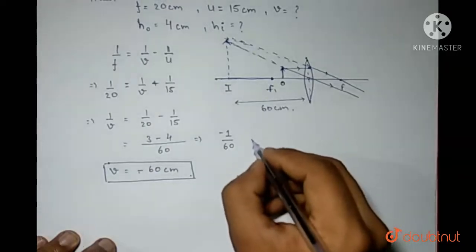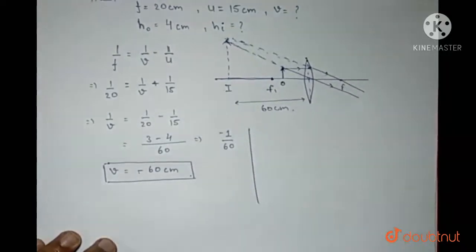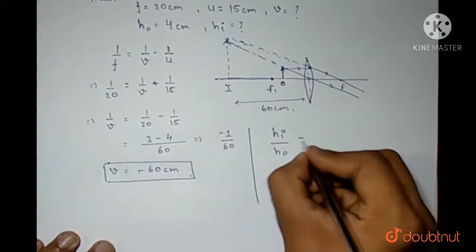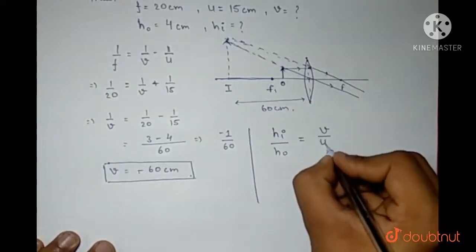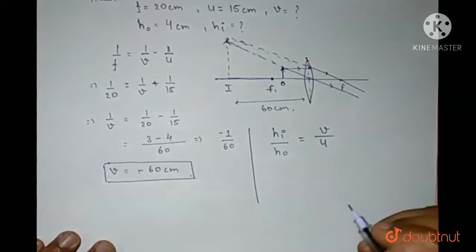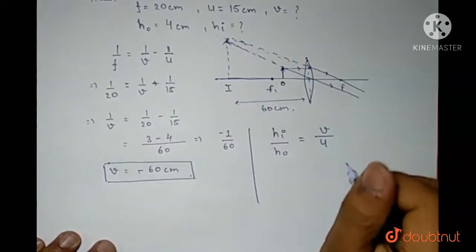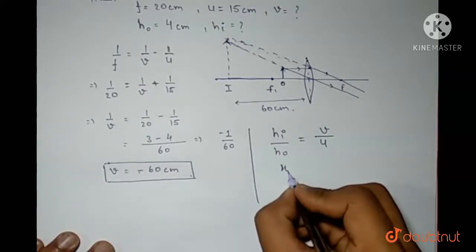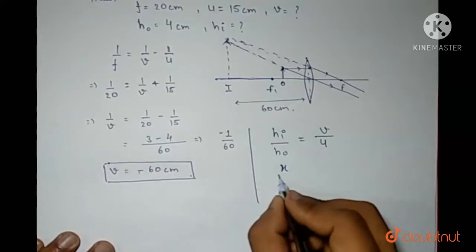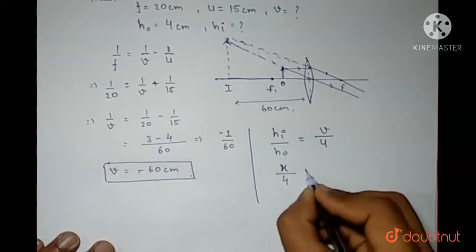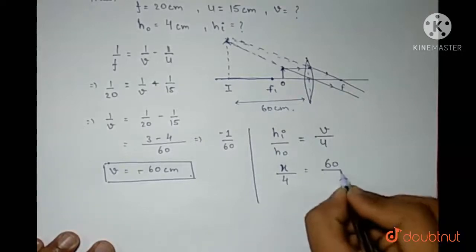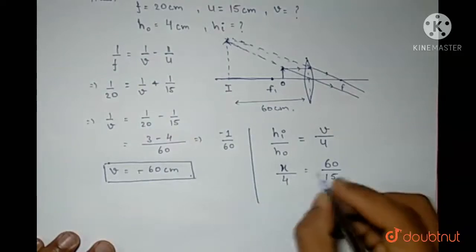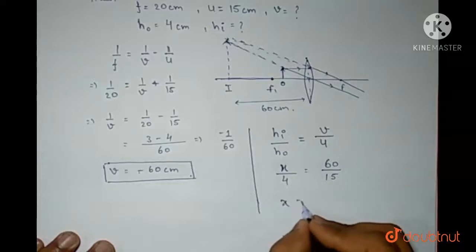How we calculate the height of the image formed: I have a formula, the height of the image upon the height of the object is equal to v upon u. We are neglecting the directions or the signs. Let me say the height of the image is x, the height of the object I have 4, v is 60, and u is 15.